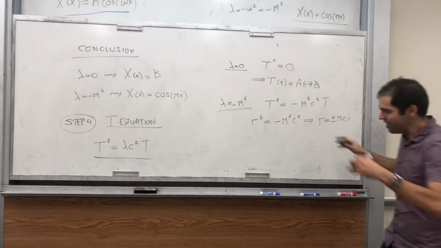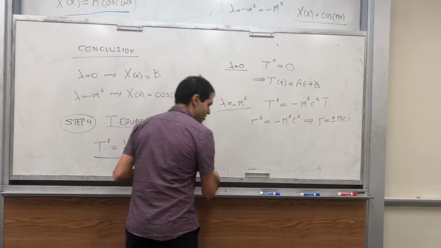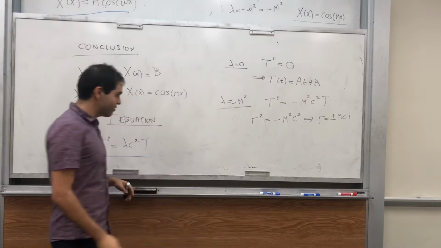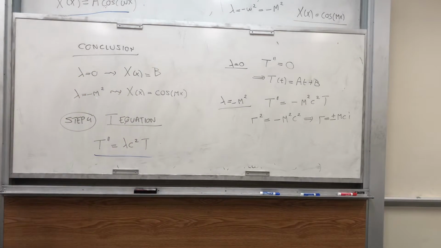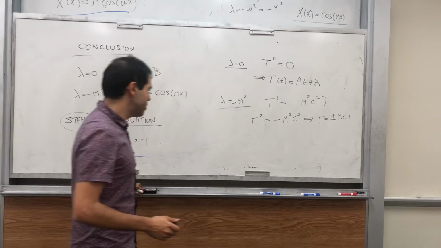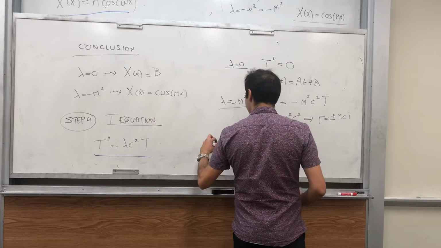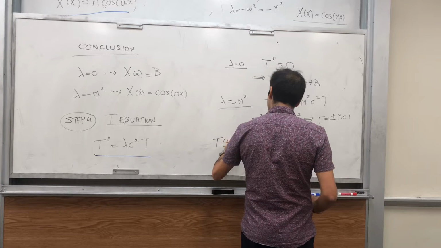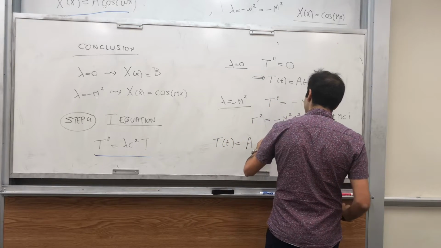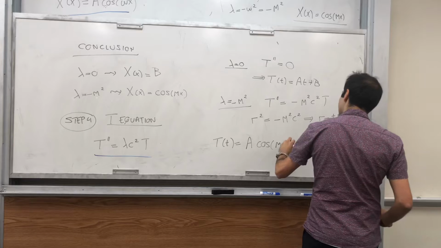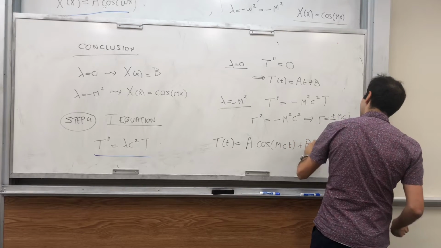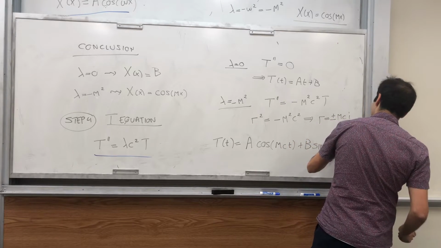So mci, and you can't touch this, just like the eraser that just fell. And which gives you the solution, in this case, cosines and sines, but with respect to time. So T of t equals a cosine of mct plus b sine of mct.